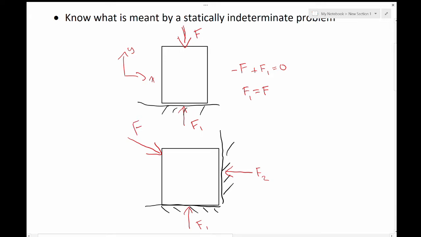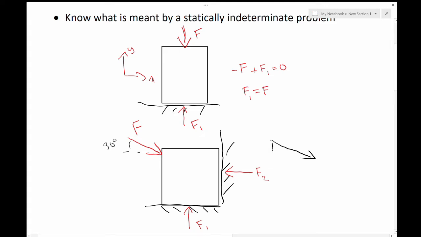So F here can actually be broken up into component vectors, right? So we can say that F coming down here, and then we'll draw it in, we'll say it's at 30 degrees to the horizontal.